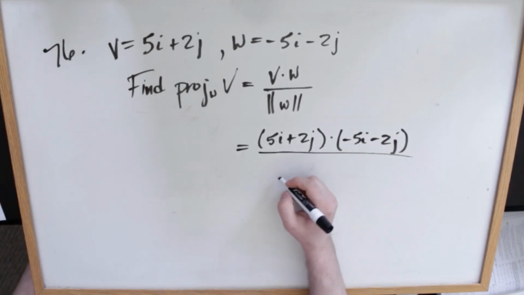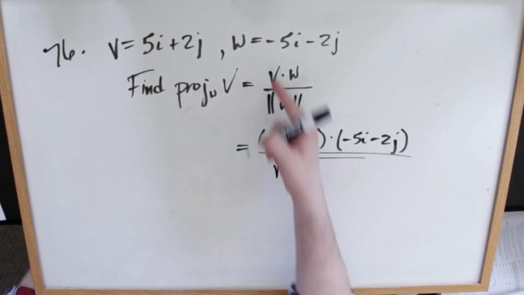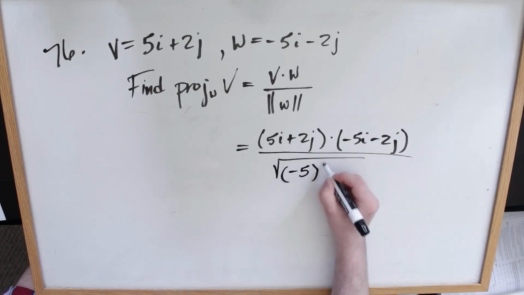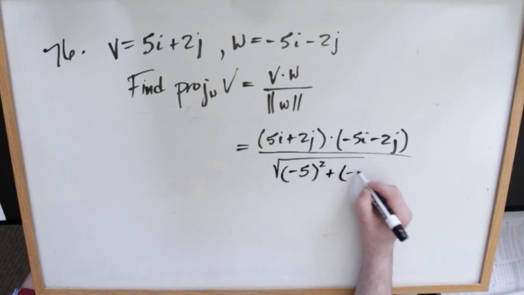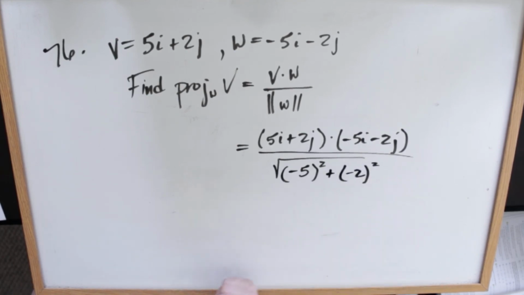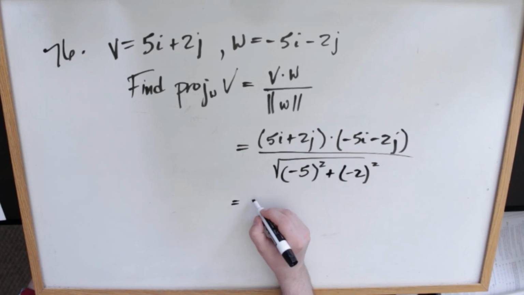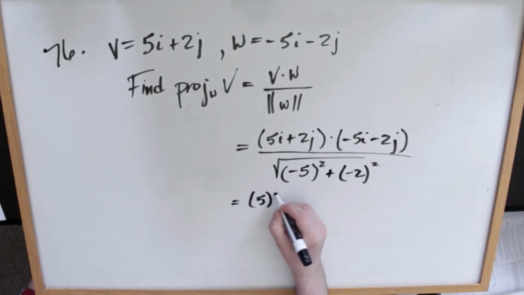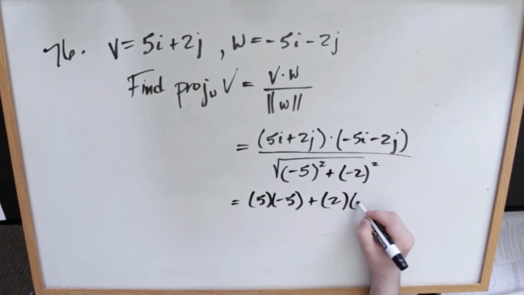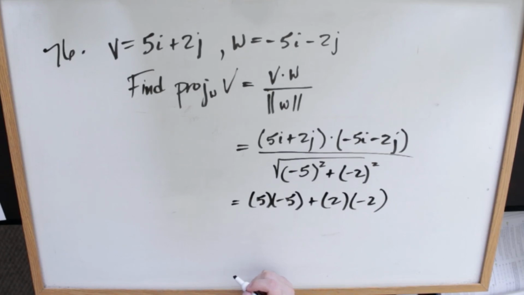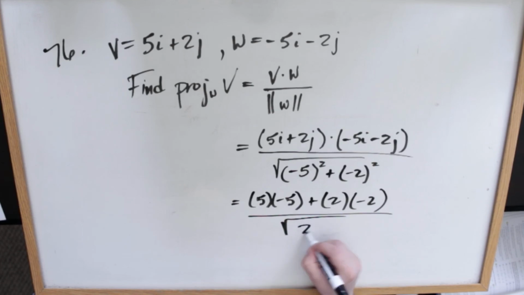So the magnitude is just going to be the square root of minus 5 squared plus minus 2 squared. Okay, so now this is equal to 5 times minus 5 plus 2 times minus 2, all over the square root of 29.